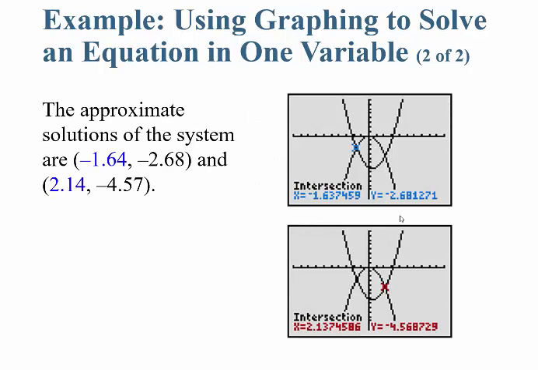Then you hit the intersect option on your graphing calculator, and you'll see that in this case it gives approximate solutions. So you can see that one is x is equal to -1.637, which rounds to -1.64. And the other one is 2.137, which will round to 2.14. So that works out too.